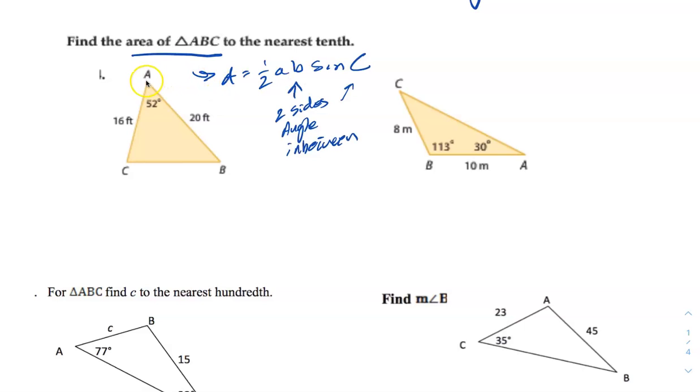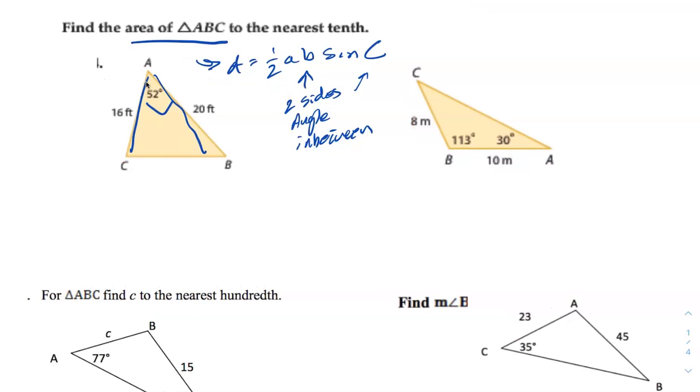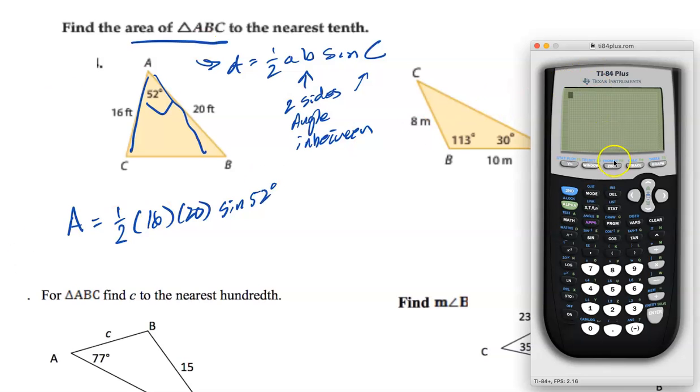Right, so if I'm doing this one right here, it's perfect. Here's my 2 sides. Here's my angle between. So area is going to be 1/2, side 16, other side 20, and then sine of 52 degrees. So I'm going to put that into our calculator, which I have here.